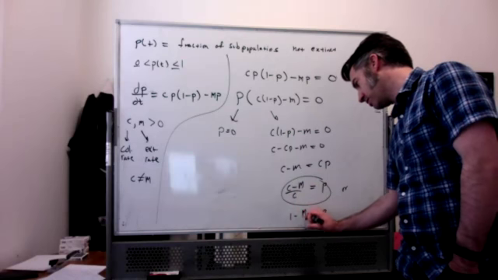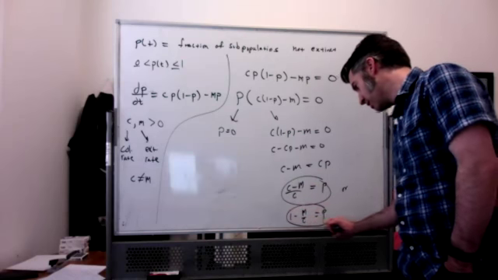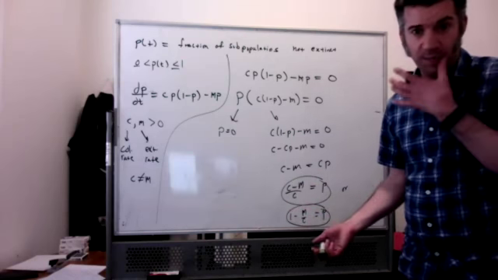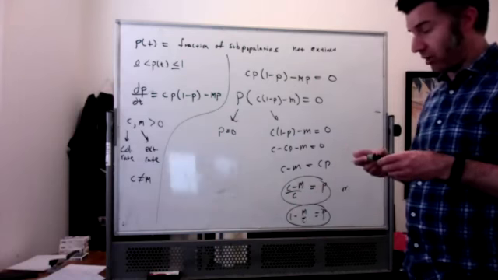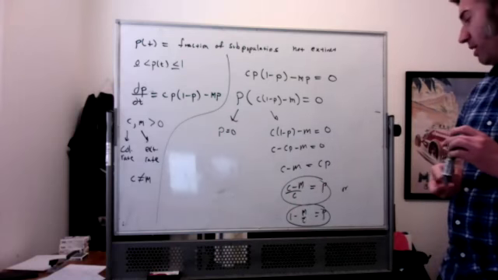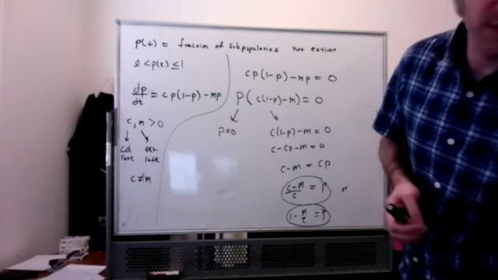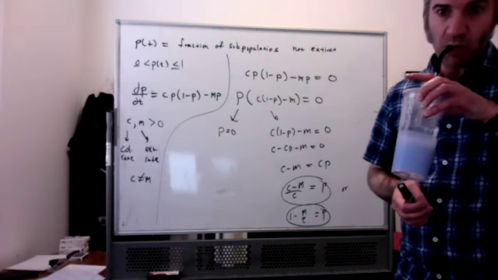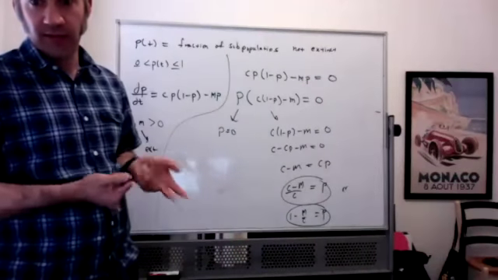Either way should be a fine way of writing it. So those are my two equilibria, 0 and 1 minus M over C. Okay, so that's the answer to part A.